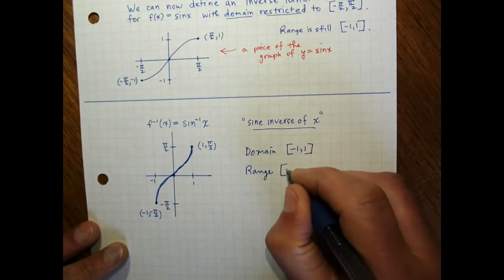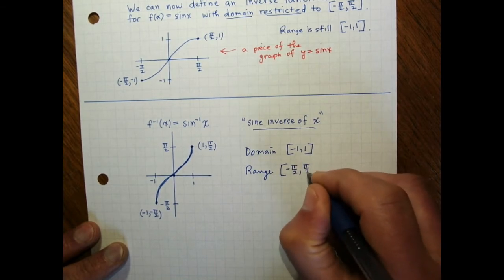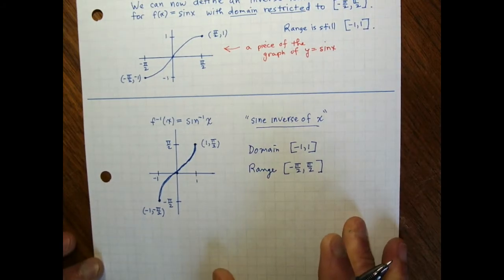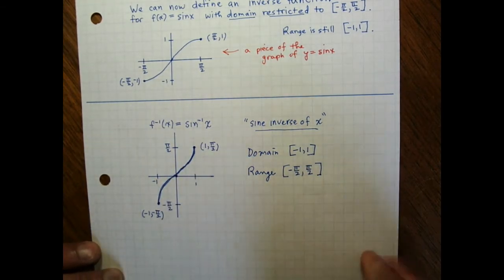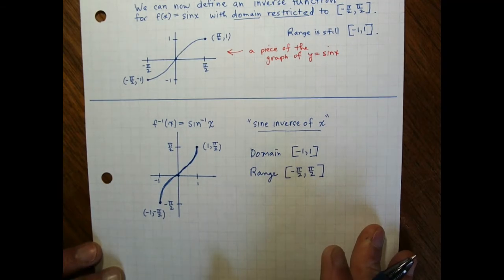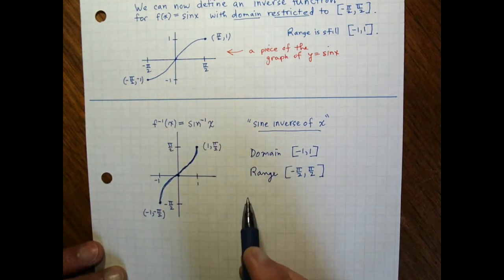So that will be -pi/2, pi/2. That just reflects the fact that we've interchanged the roles of x and y. And you have to know how to draw this graph. And I have a handout that's posted in Canvas that kind of sums up the details and also draws a connection between the original sine and this inverse sine.